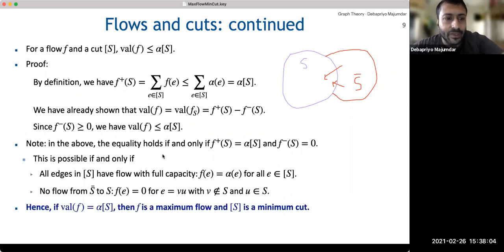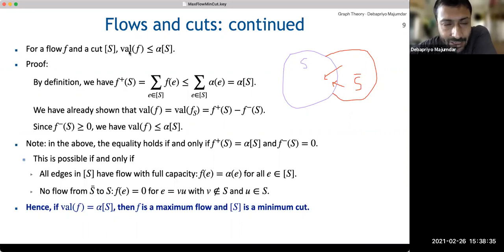So that means, okay, it's a bold blue statement, which is leading to the theorem that if the value of the flow is the same as the capacity of the cut, then F is a maximum flow and S is a minimum cut. Now why so? Well, obviously, this is proven for any cut and any flow.